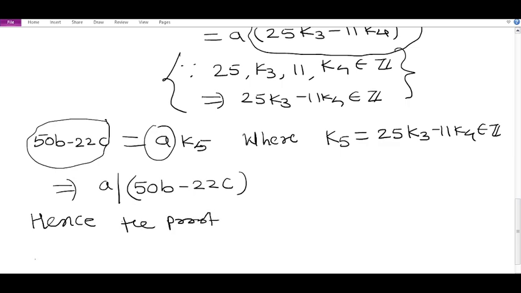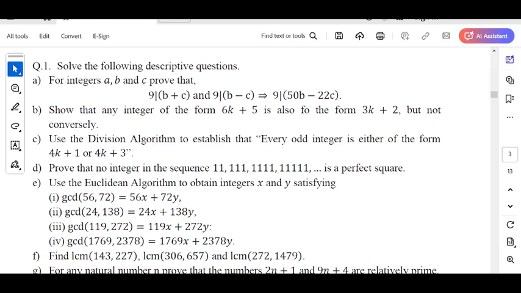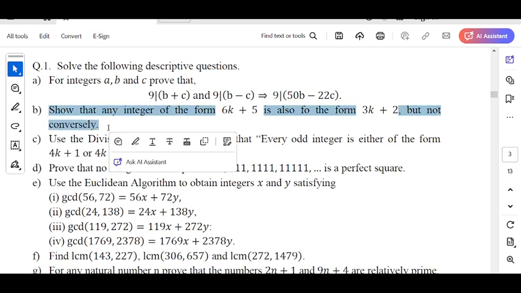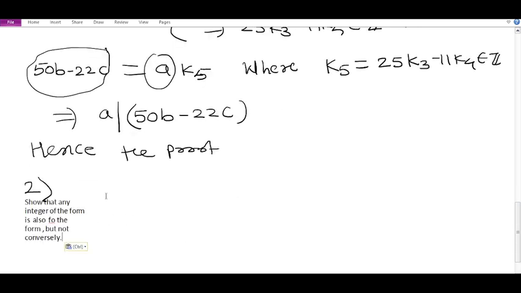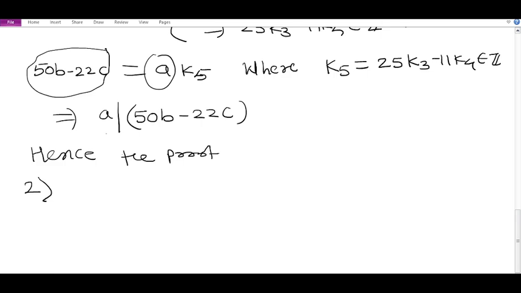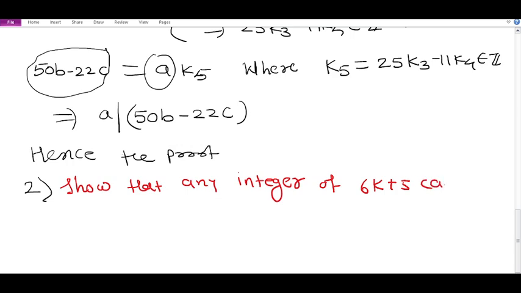Now next, example number 2. Show that any integer of the form 6k plus 5 can be written as 3k plus 2, but not conversely.